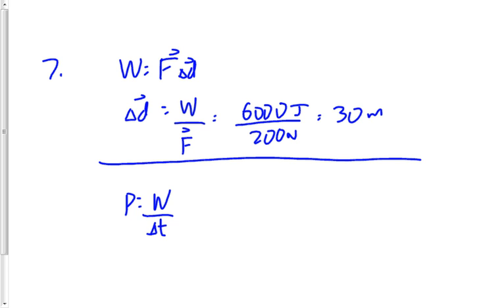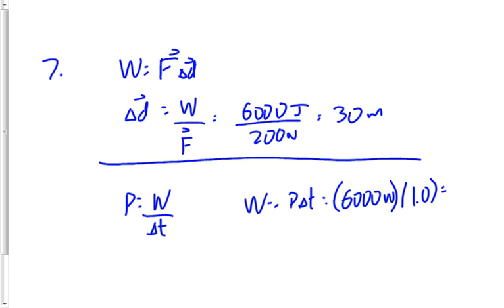Now, if you did it as a power problem, which probably a lot of you did, we got power is equal to W over T. Okay, that allows us to solve for power. Power is equal to work, which is 6,000. The power is 6,000 joules per second, 6,000 watts, times a time of 1 second.